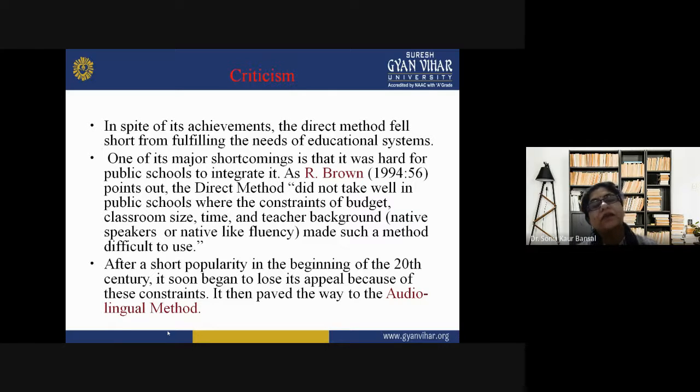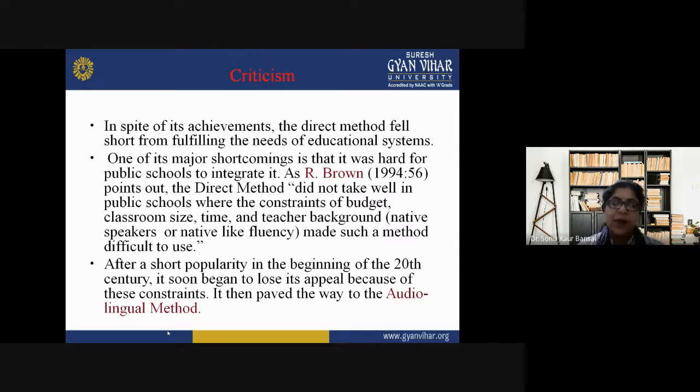And the direct method stops you from using the help of the mother tongue or your regional language, and it is strictly prohibited. So students, it is important for all of us to understand, being English teachers, that students learn well and do well when they learn English through the direct method.